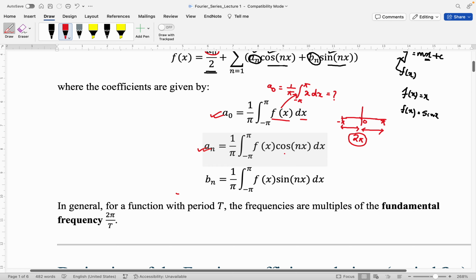It is a function f(x) and cos nx. If I want to solve this particular problem, then I have to recall integration by parts, which is very important, where we consider both of them as different functions. Let's consider this f(x), which may be x, sin x, whatever, as u, and this can be considered as v.